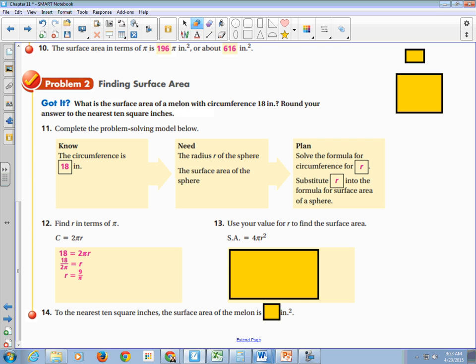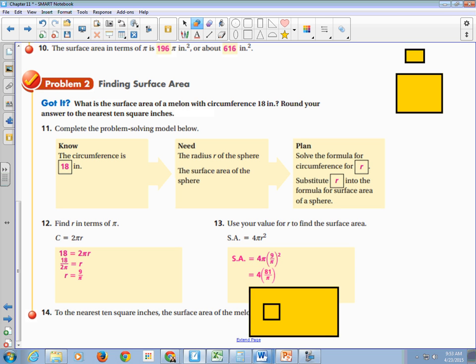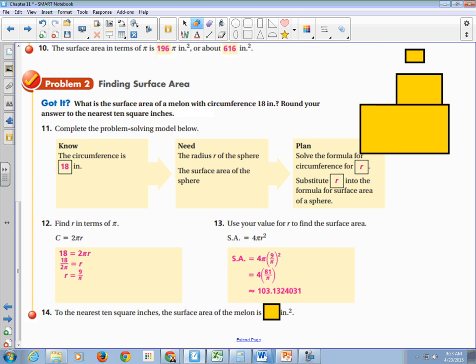Now that I know that, I'm going to take it over to my surface area formula. So my surface area is 4 pi times 9 over pi, squared. I'm going to square the 9 and square the pi. So 9 squared is 81. Let me put one more level into this.